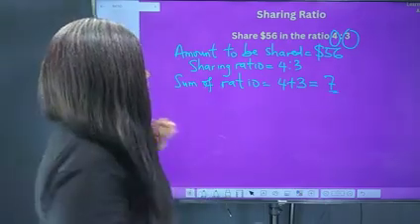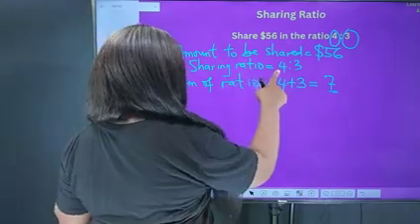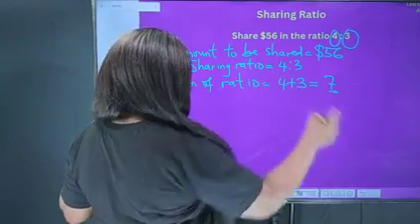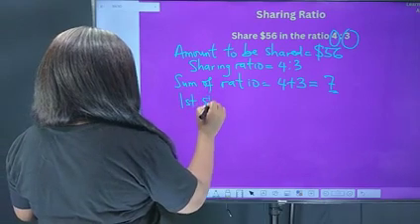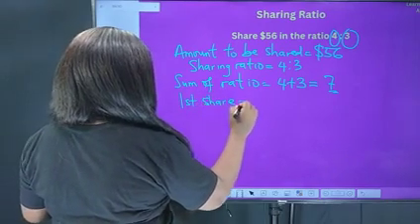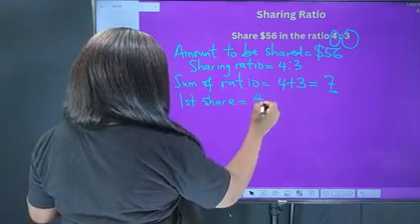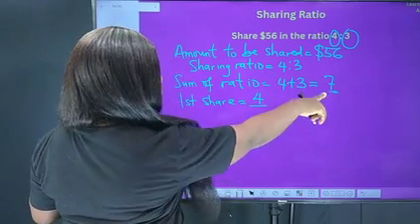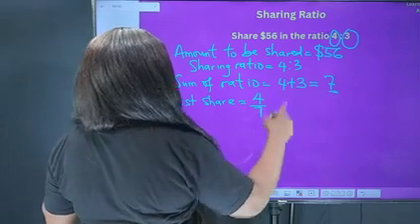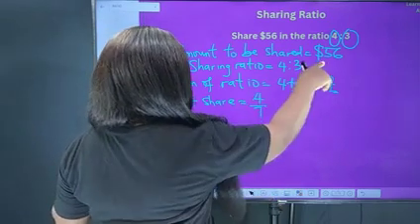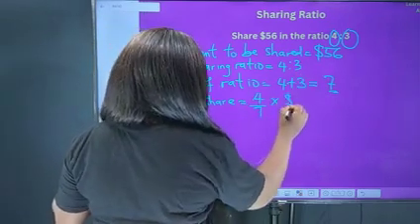Do not forget I said the first share is 4. The second share is 3. Now let's find the first share using the first ratio. The first ratio is 4. It will be divided by the total sum of the ratio, which is 7. Then you will multiply this fraction by $56.